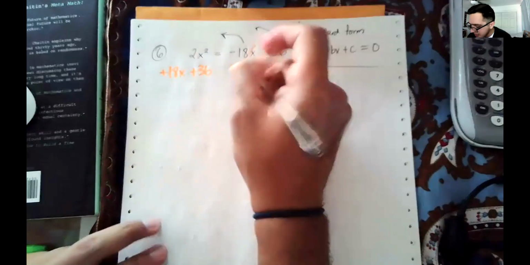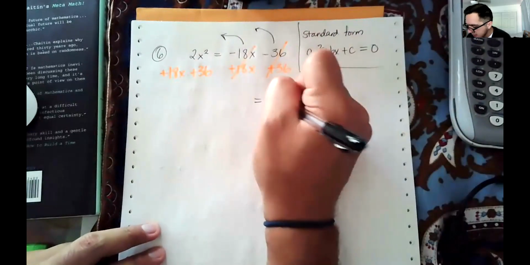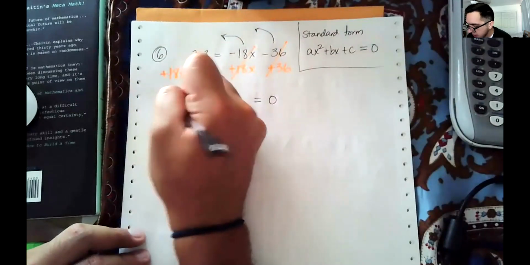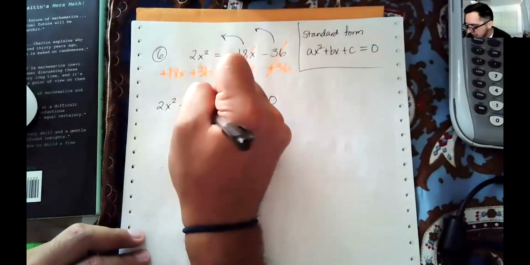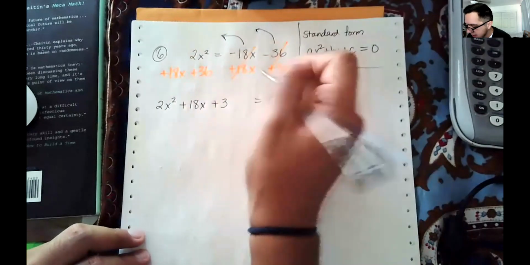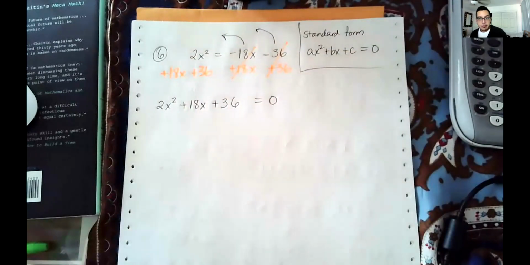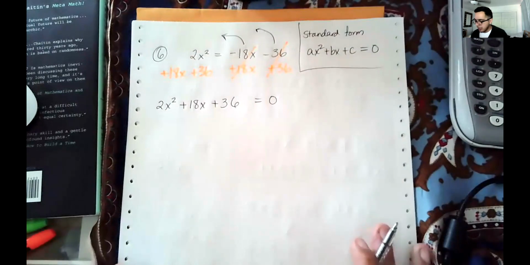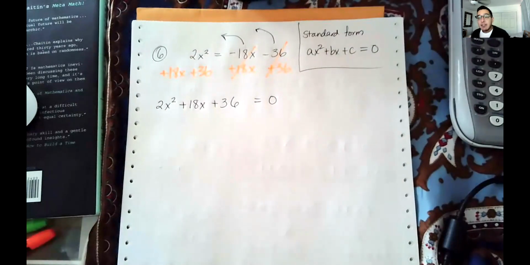So we would be left with 0 on the right-hand side. And we would be left with, if we put this in the correct order, 2x squared plus 18x plus 36 equals 0. So now that we have this in standard form, we can go ahead and solve this by factoring.